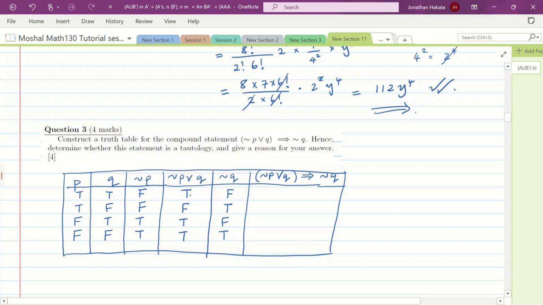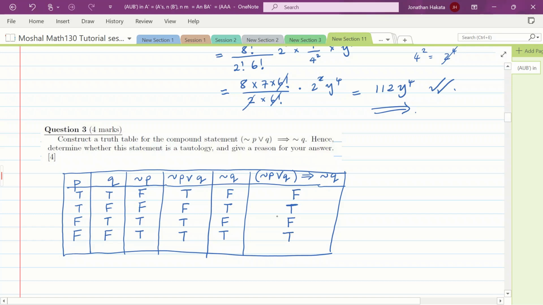Remember, in one direction, a true statement cannot imply a false. So this is false. But a false statement can imply a true. And true implies false is false. True implies true, that's automatically true.